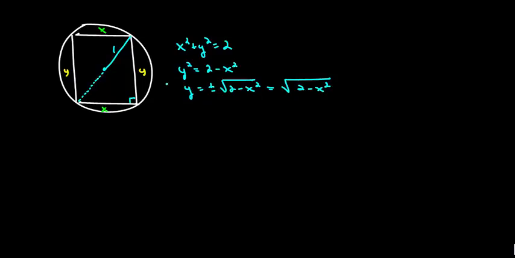Okay, now instead of having y over here, I now have this side length right here equal to this. So we can do two different problems. We can ask for what is the area as a function of the side length x. Well, area is the length times the width, so it'll be equal to x times this guy.